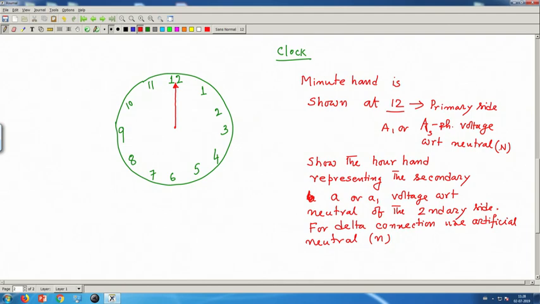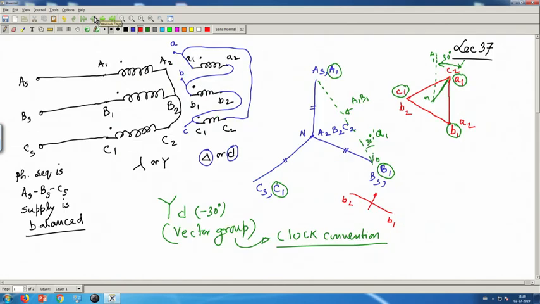For example, the previous connection, minute hand is at 12 vertical, A1 capital N, and secondary side voltage, this A1 is once again A, which is going to load. So, this is A or A1 with respect to neutral.